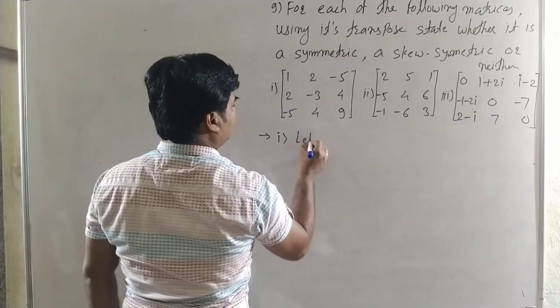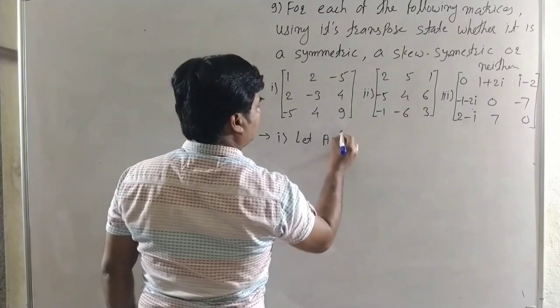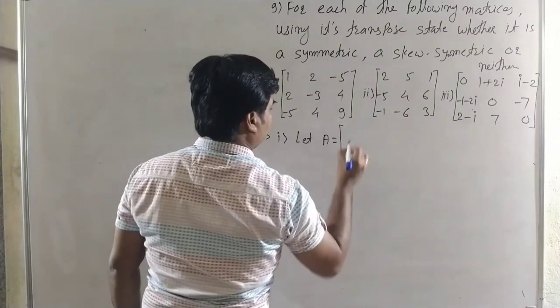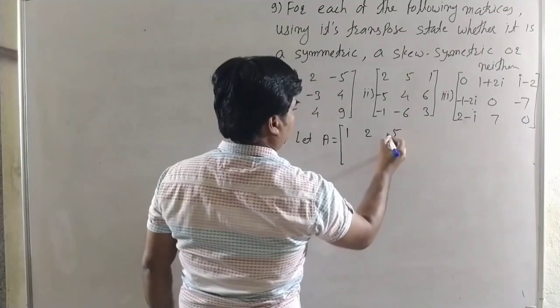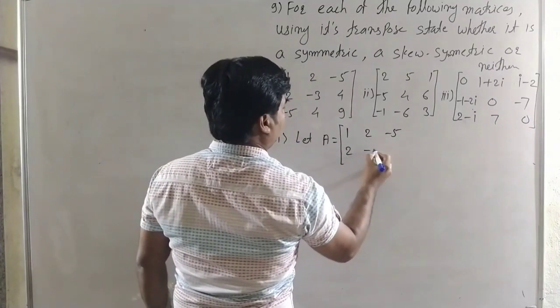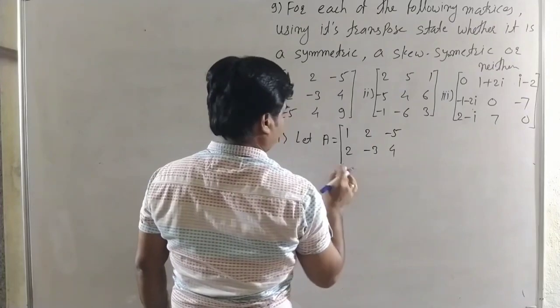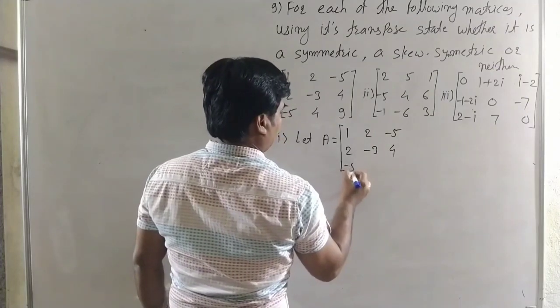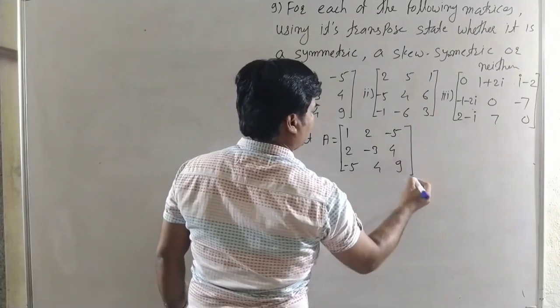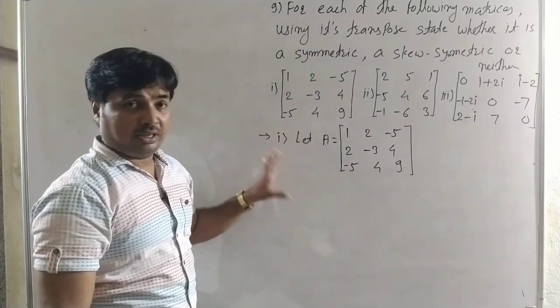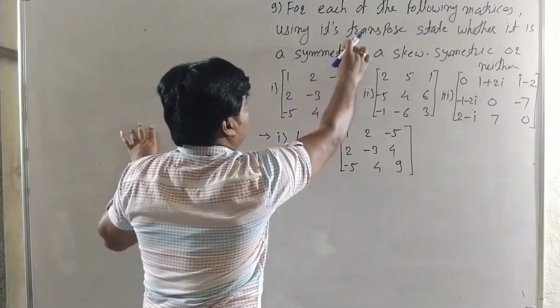Let A be 1, 2, minus 5, 2, minus 3, 4, and then minus 5, 4, and 9. Okay, here it is a matrix A. We want to find its transpose.